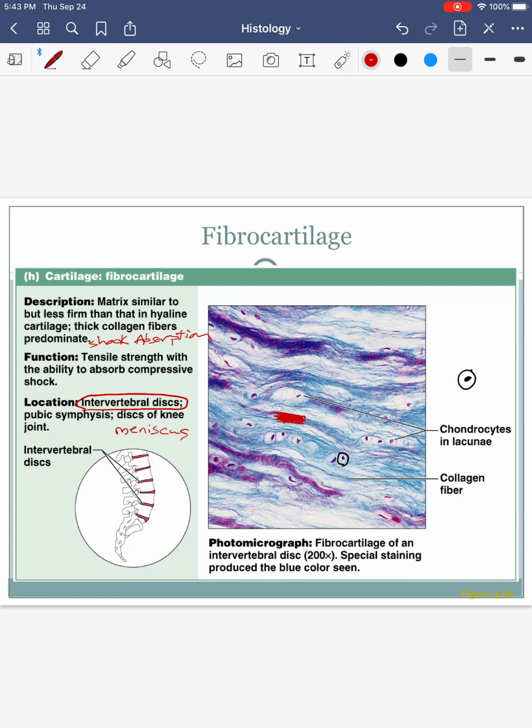We really need to have some shock absorption between our vertebrae. I said spinal cord before and I was mistaken. These are the discs between our vertebrae. Okay, so eyeball cells with thick fibers found in the intervertebral discs between the vertebrae, and it functions to do shock absorption.